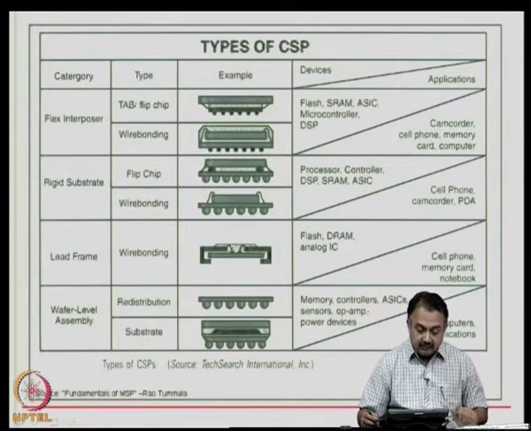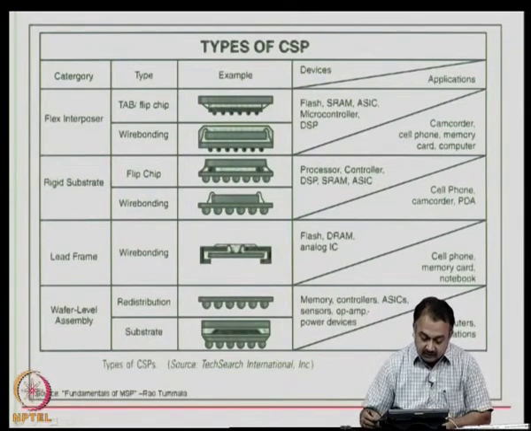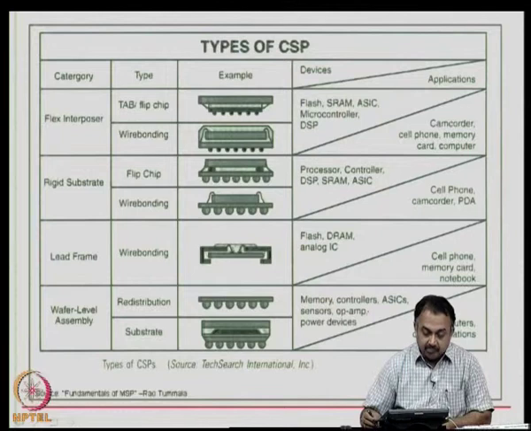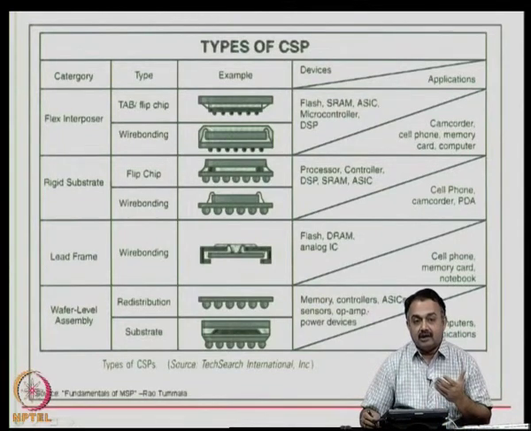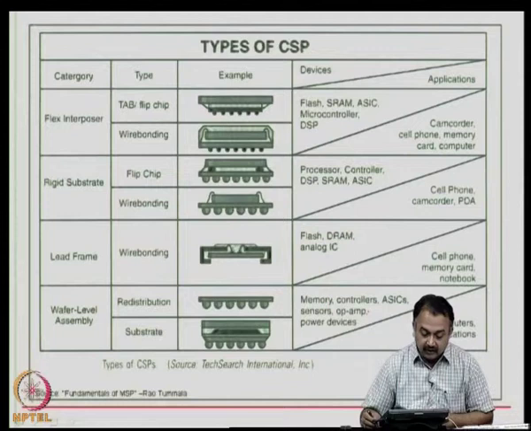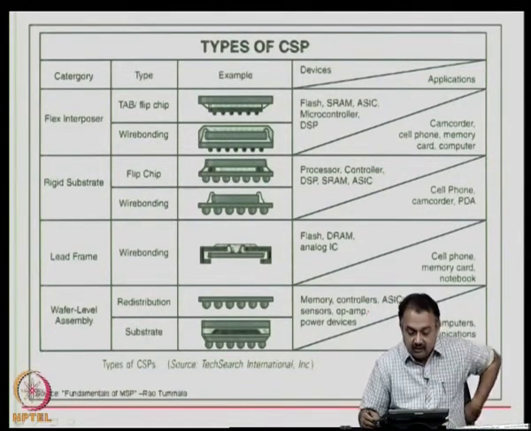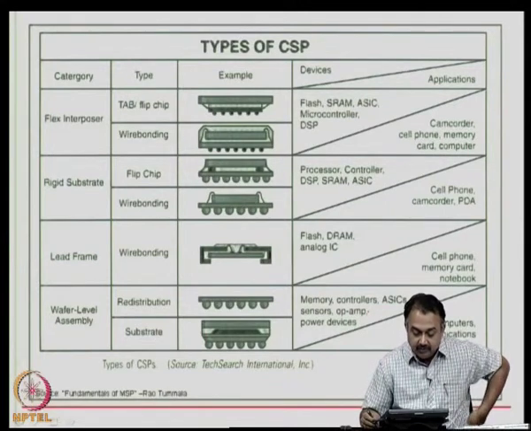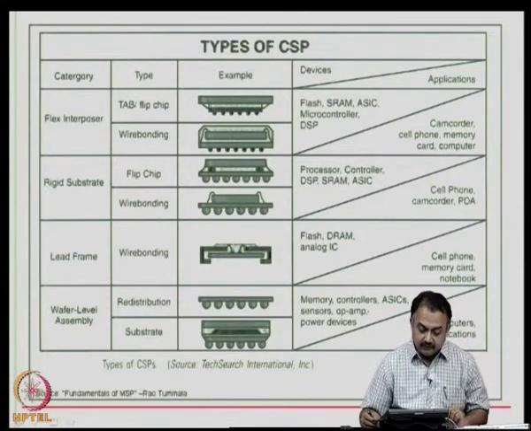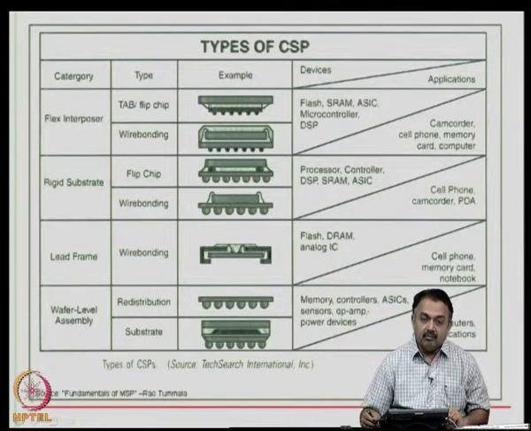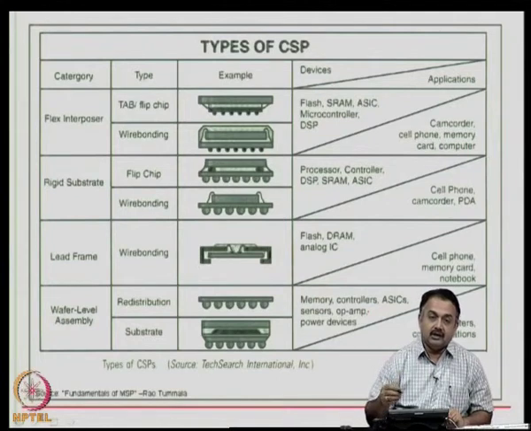So, the types of CSP, based on the applications and based on the materials and the type of construction, you can have different types of CSP. The first thing is a tab or a flip chip CSP, where you use a flex interposer between the die and the IOs or the bumps, that is specifically for providing better reliability during the operation of the die in terms of heat.